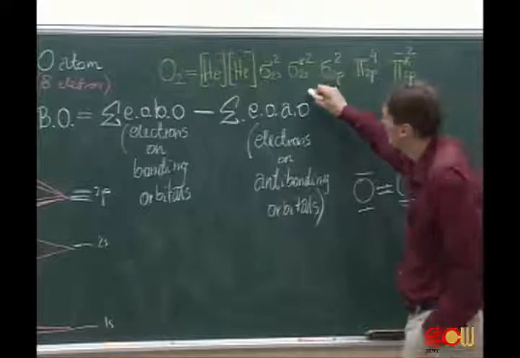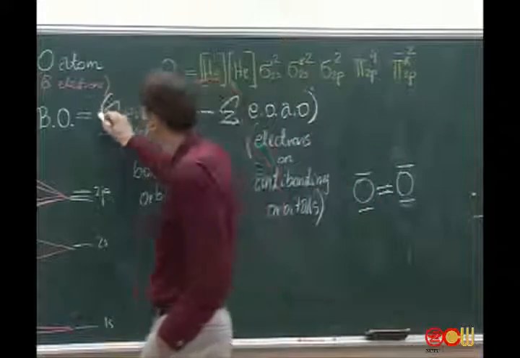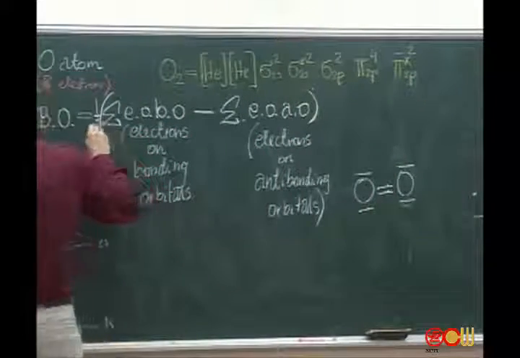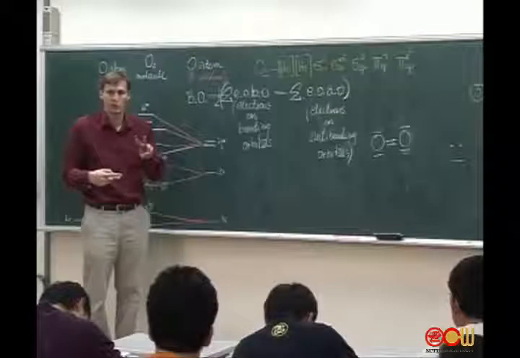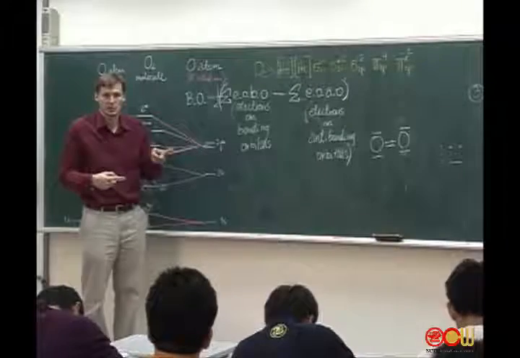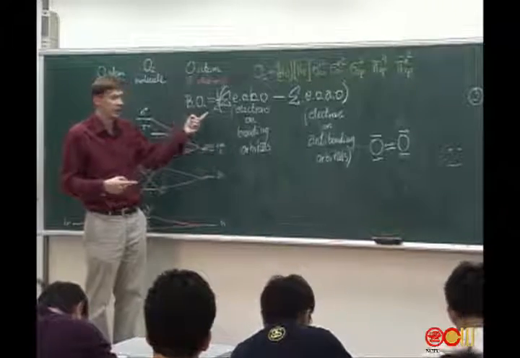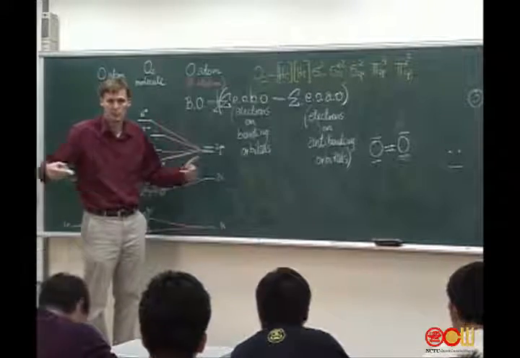And to be honest, to get the bond order, you have to divide this by 2. The reason is that a bonding orbital has 2 electrons. So the difference in electrons must be divided by 2 to get the number of bonds.